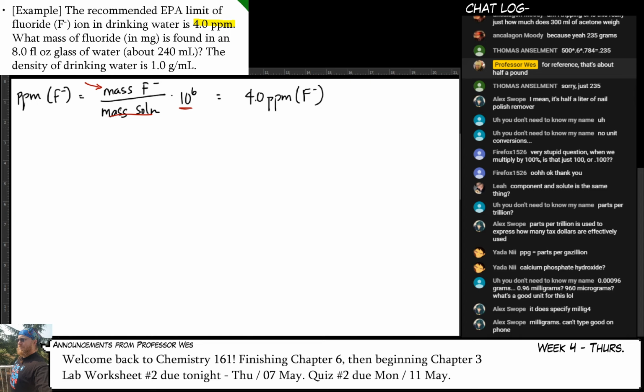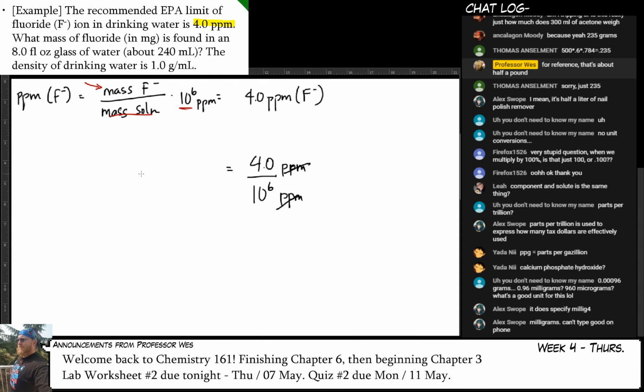So what I'm going to do is I'm actually going to set up the algebra first. So I'm going to take this, and I'm going to move it to the other side. And so that's going to look like this. So this actually has ppm on here. That's my unit right here. So this is going to go here. This is going to go here. And those are going to cancel out. So I've divided that by both sides.